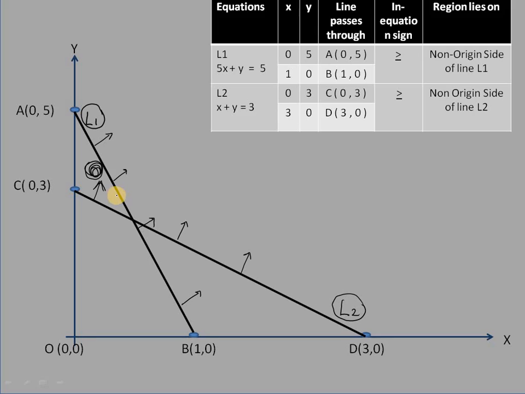No. This can satisfy L2, but it cannot satisfy L1 because ये L1 के opposite side में. Can this zone, ये जो triangle है, can this satisfy? No. So we have to have a zone which is satisfying both L1 and L2. So my feasible zone will be this yellow. It is satisfying both L1 and L2. समझ गए? So this is my feasible zone.